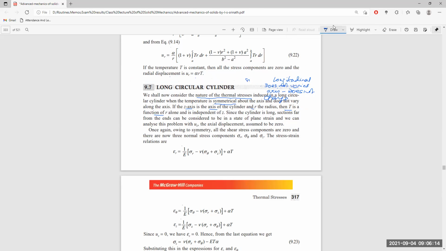So, as per our assumption, temperature varies along the radius of the cylinder and does not vary along the length of the cylinder.